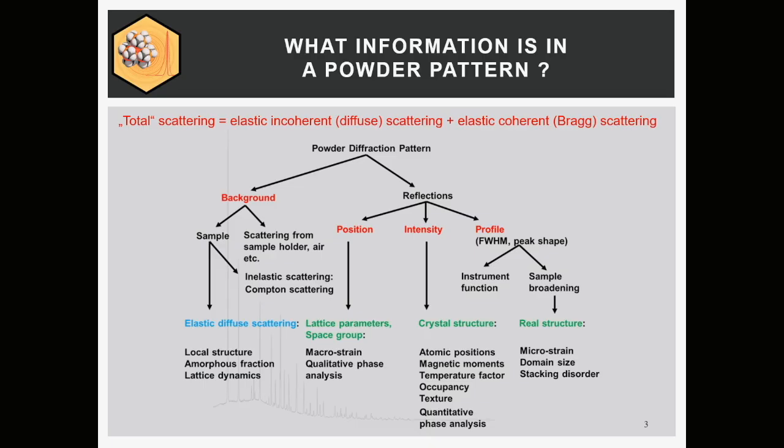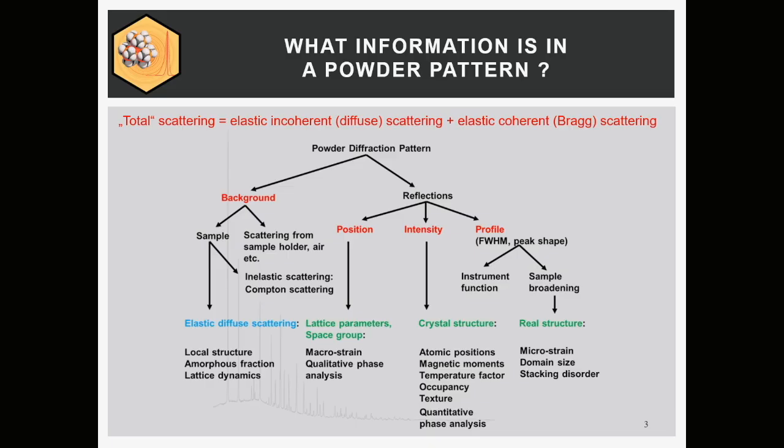But there's a lot of information. Of course, you have to distinguish between what's coming from the sample holder and the instrument, and the inelastic scattering, mainly Compton or fluorescence, from the sample. There's a lot of information, but here we are not talking about this, and Max will say a lot more about this in two days.